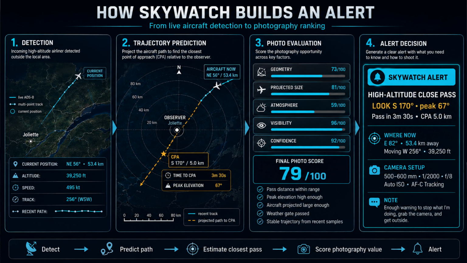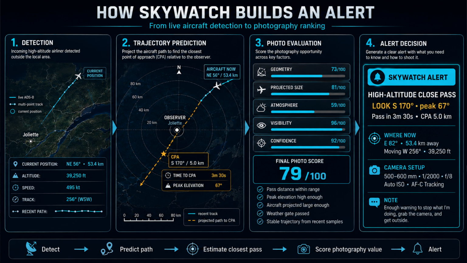So the process begins with the system detecting an aircraft approaching the area. It looks at the aircraft's current position, the altitude, the direction, the speed, and the recent path it has taken in the past. From that information, it tries to estimate where the aircraft is going and how close it may pass to my location.